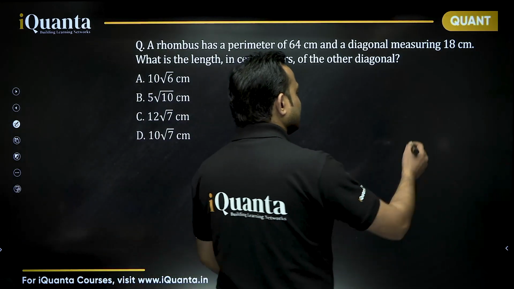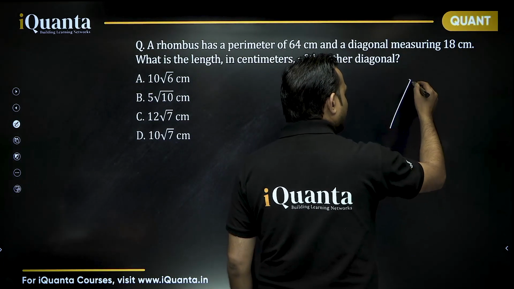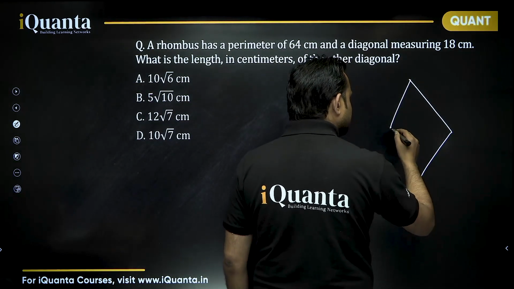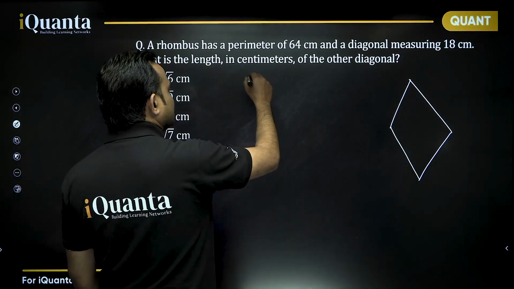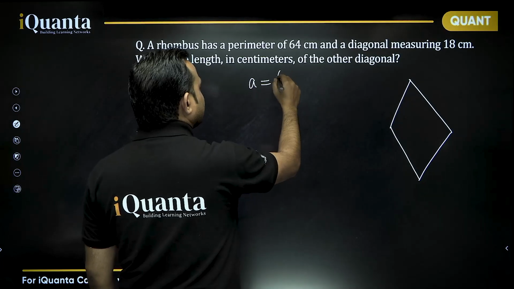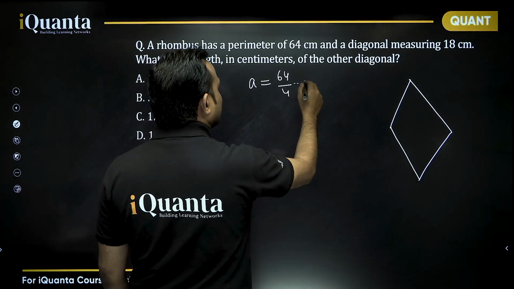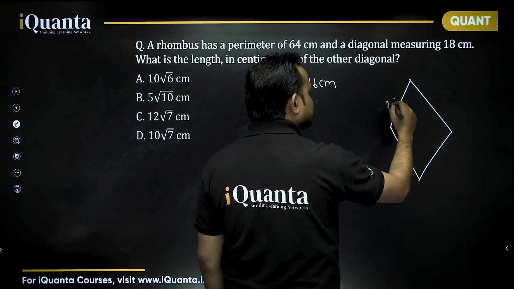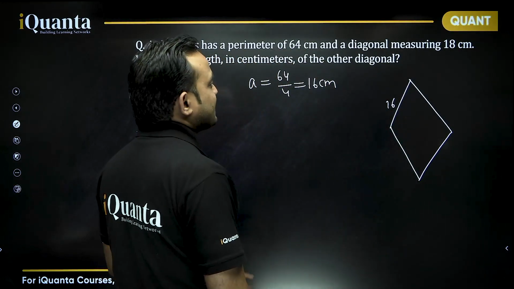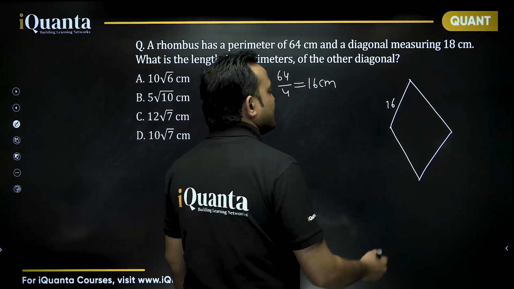So basically, we have a rhombus something like this, and the perimeter is given as 64 centimeters. So each side length will be 64 upon 4, which is equal to 16 centimeters. So this is 16, and a diagonal measuring 18 centimeters.